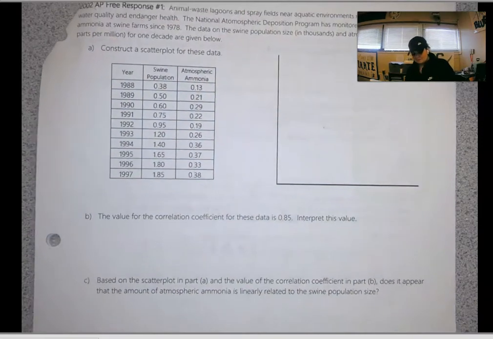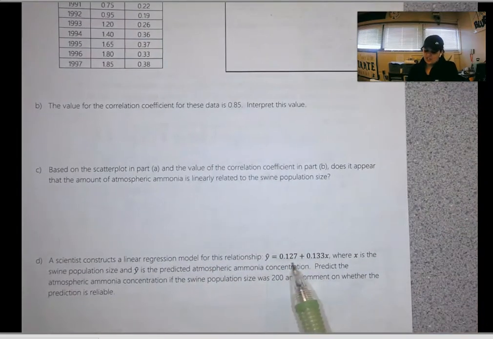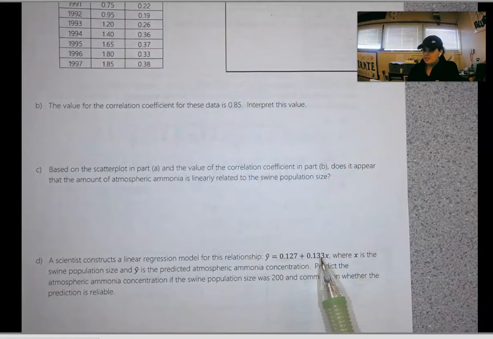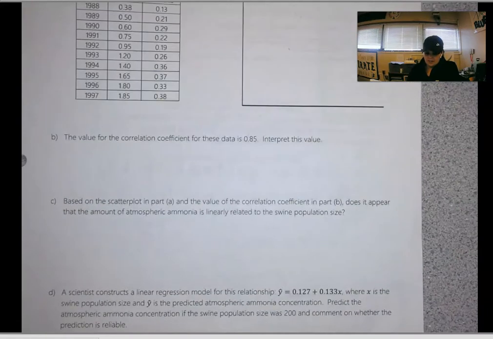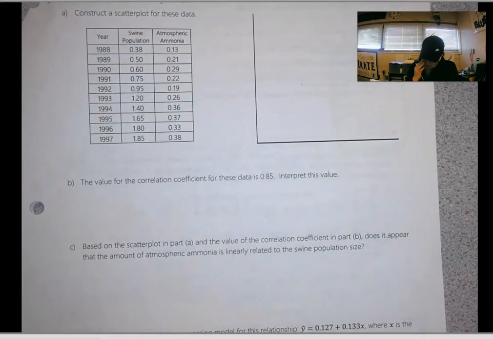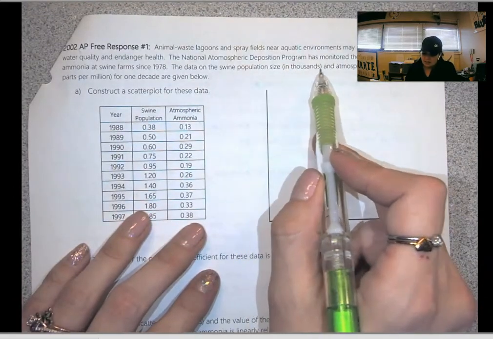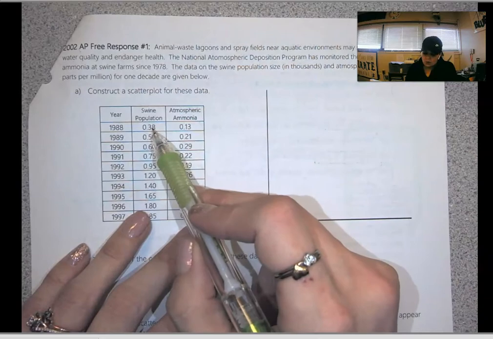So, to model this relationship, we have this line. And we can see here that there is a positive relationship. So let's make sure that we know what we're looking at. We have population size in the thousands for our swine.